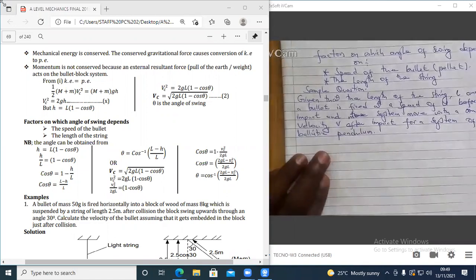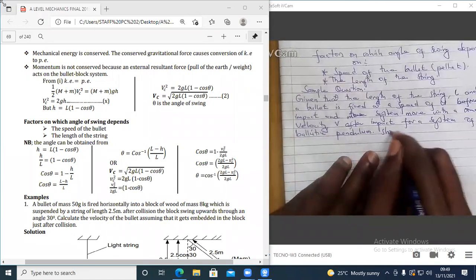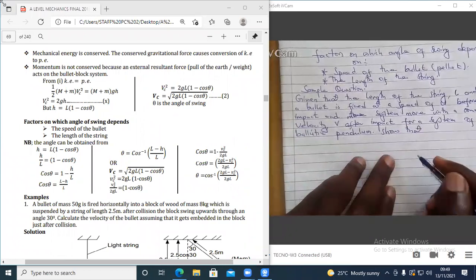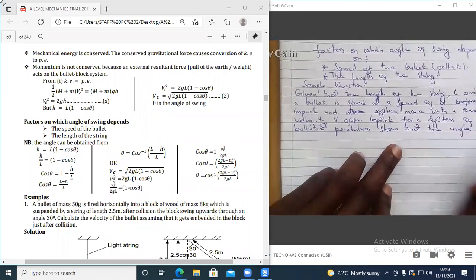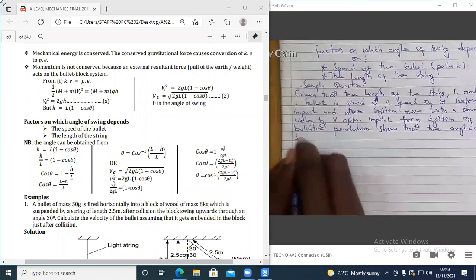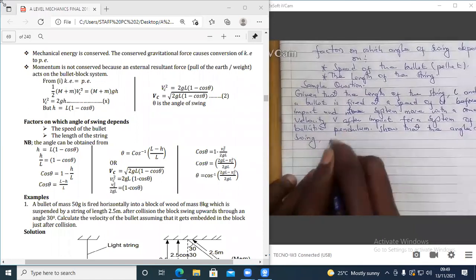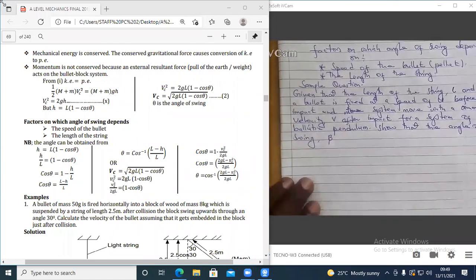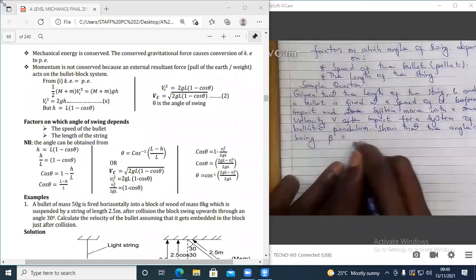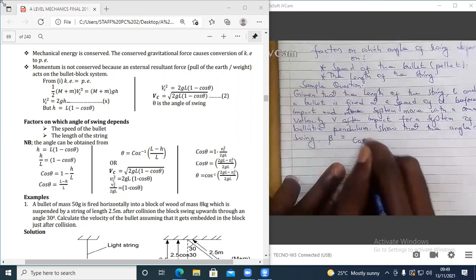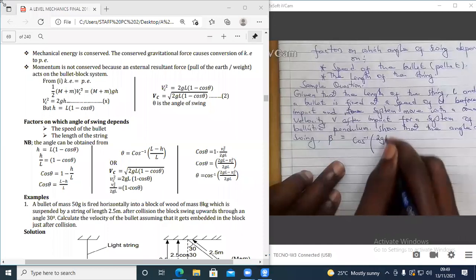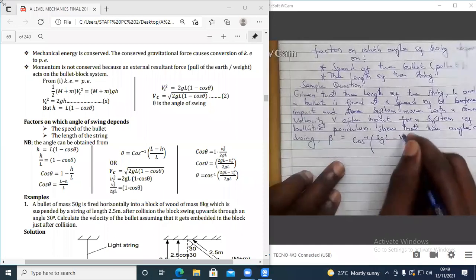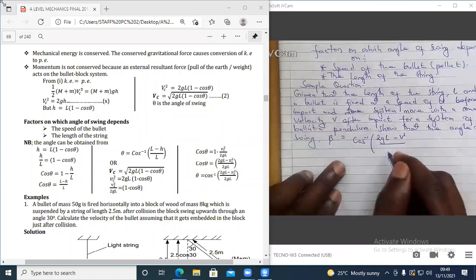Show that the angle of swing, beta, is given by cos inverse of (2GL minus V squared) over 2GL.